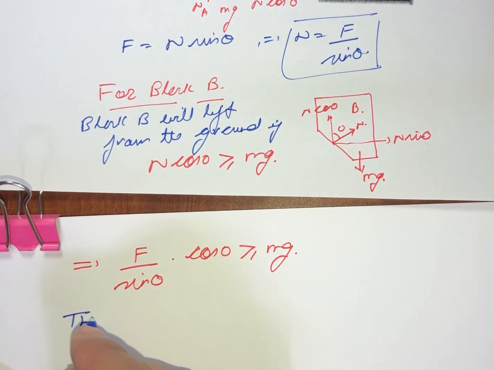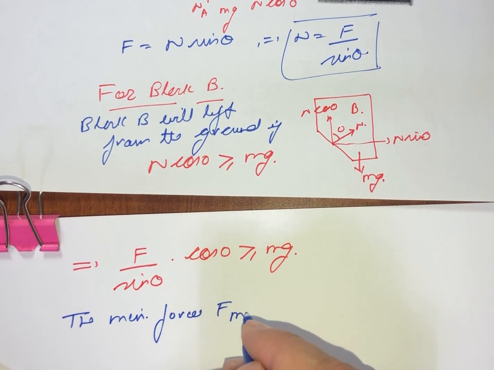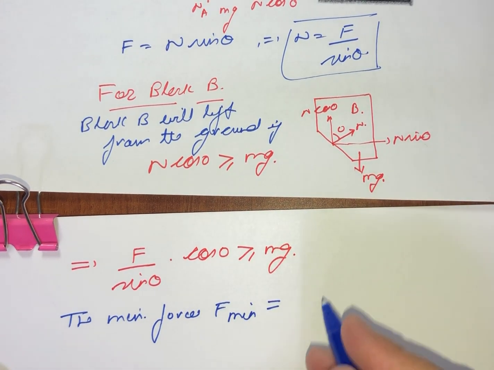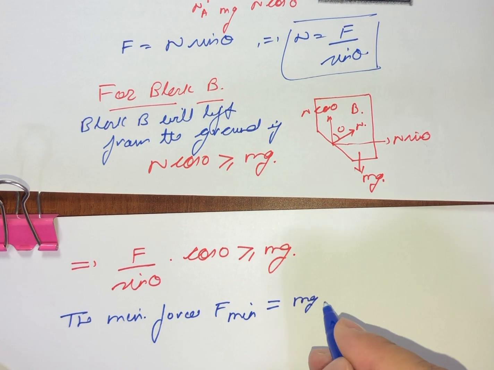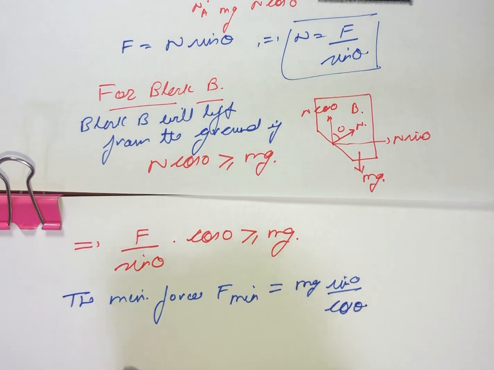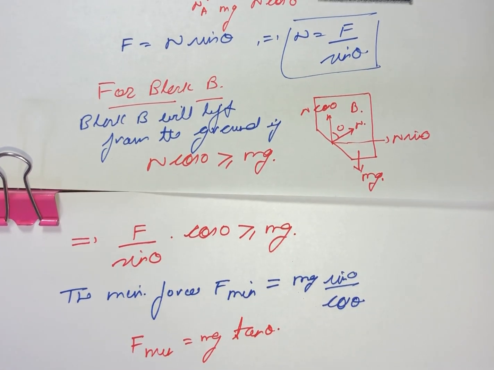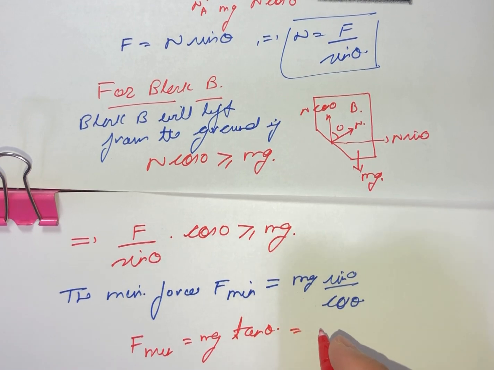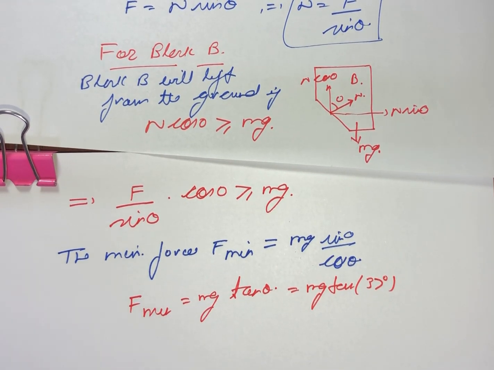So F minimum will be equal to mg sin theta divided by cos theta, so F minimum is equal to mg tan theta, and here theta is given as 37 degrees. So mg tan 37, which is 3 by 4.